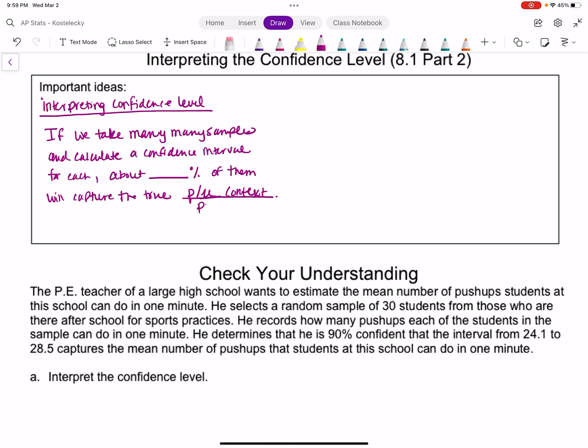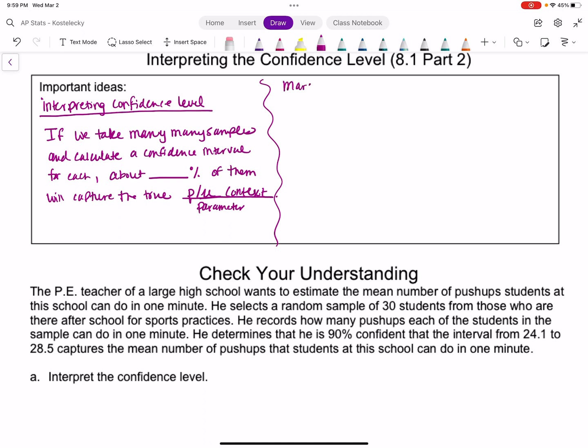Okay, so this is your parameter. Always in context, always, always. Okay, so that is interpreting your confidence level. So basically, what percent of your confidence intervals are going to capture the true proportion?